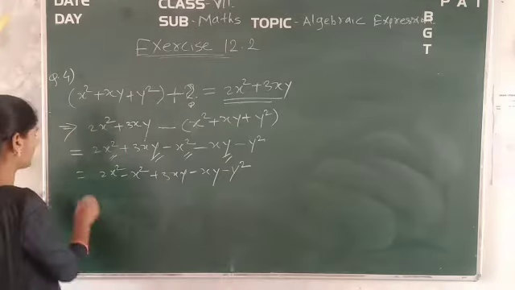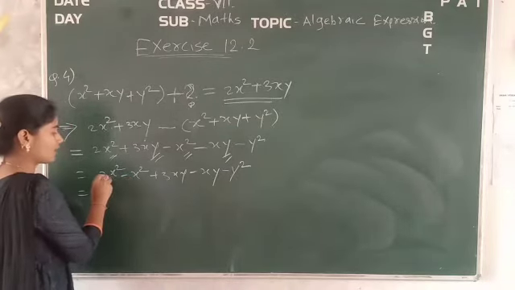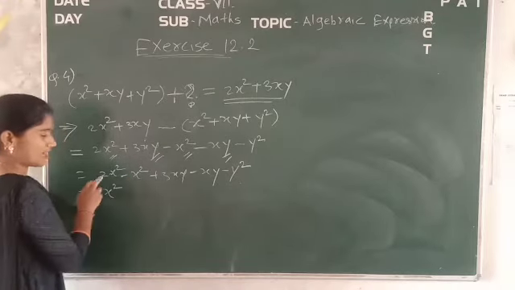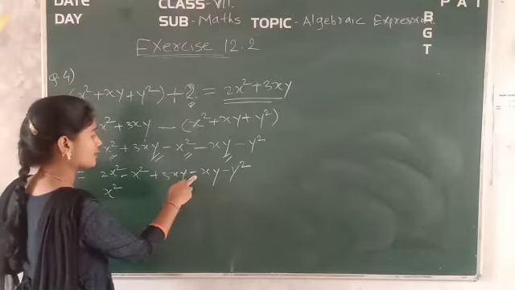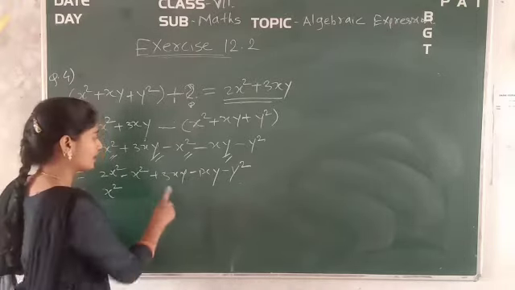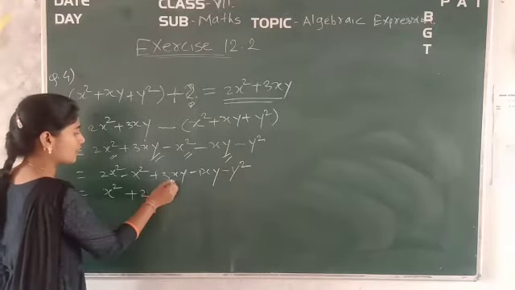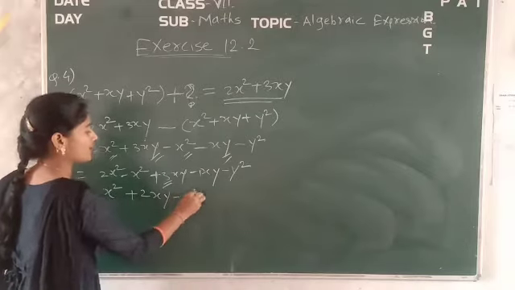Which is equal to 2 minus 1. It is 1 only, so you can write 2x square minus 1x square. It is only 1x square, sign of the greater number, plus x square. Plus 3xy minus xy, there is nothing, it means 1. 3 minus 1, it is remaining 2 only. So sign of the greater number, plus 2xy. Okay, and finally minus y square.